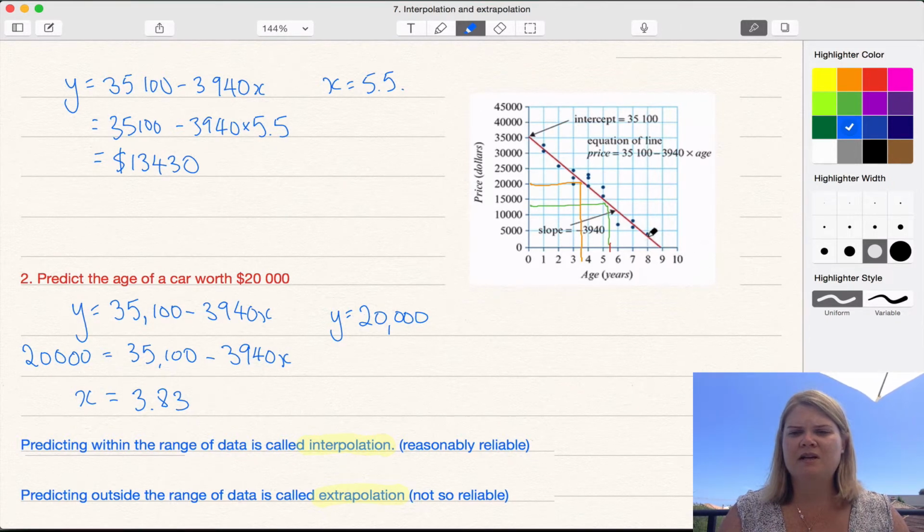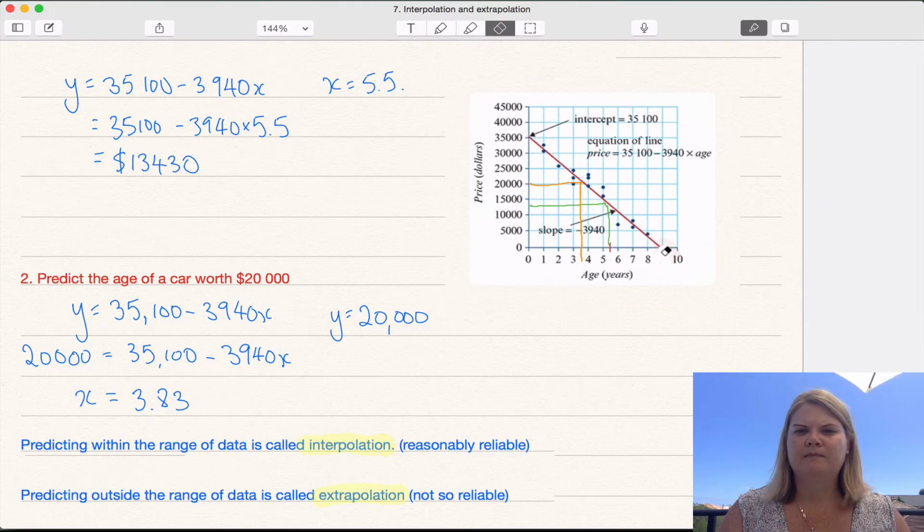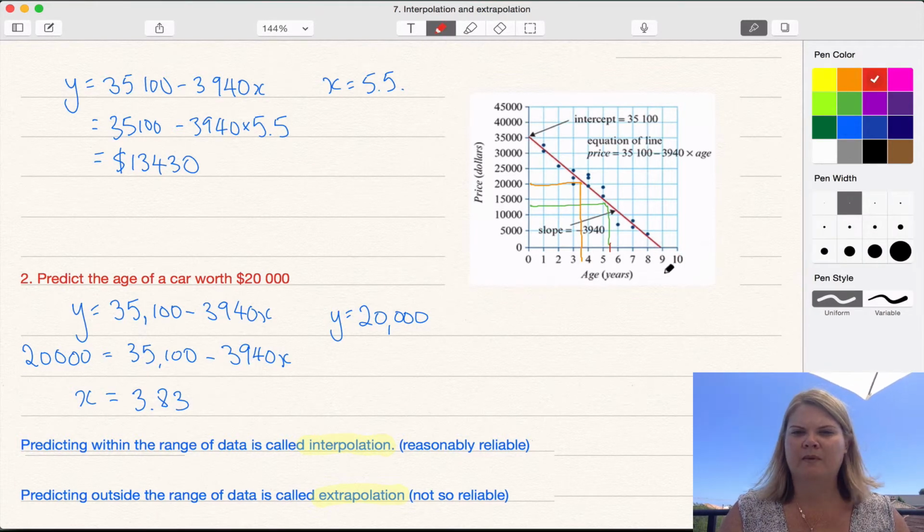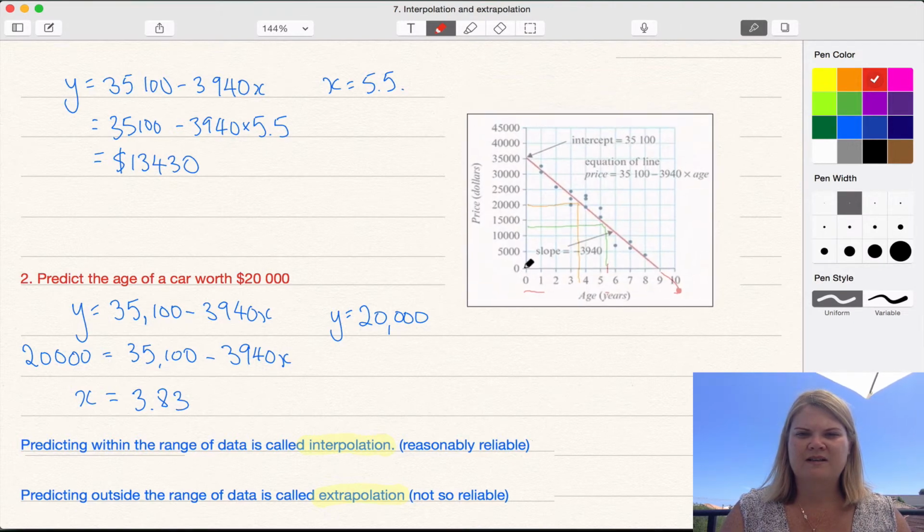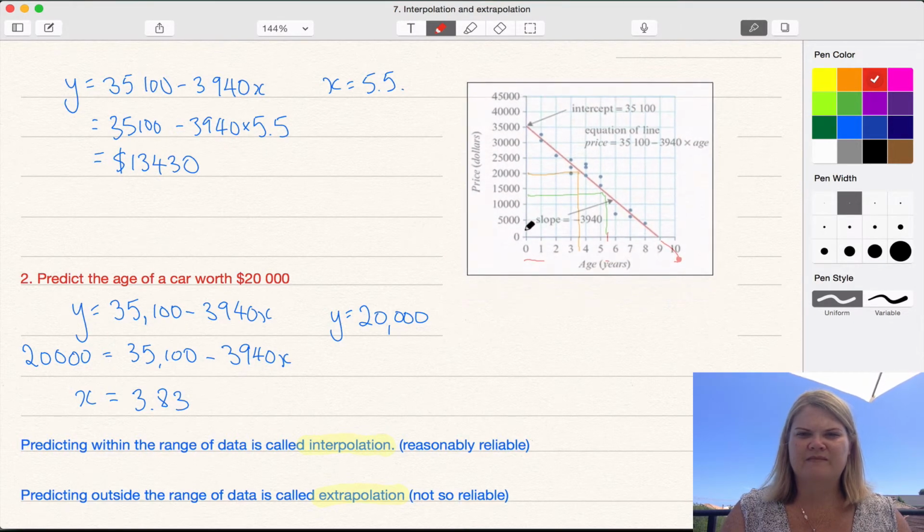And going up here, if we extend to 10 years and we extend this line down to about here, we end up with the price going into the negative.